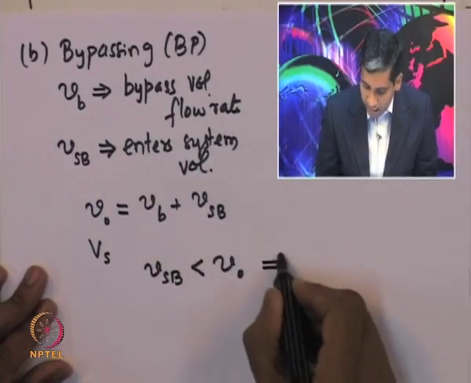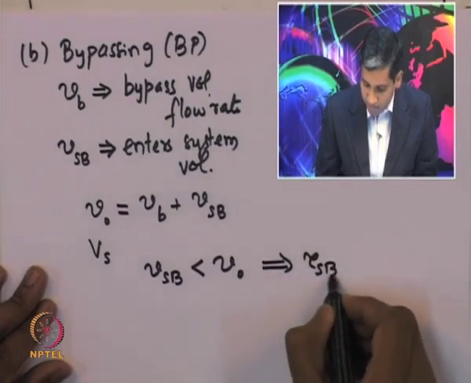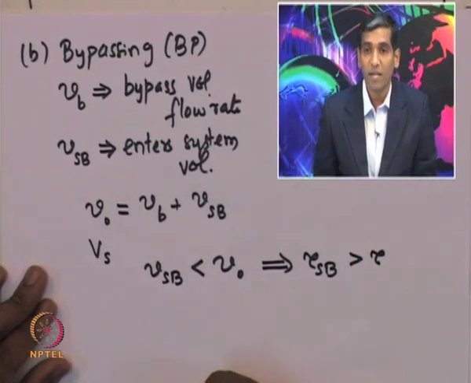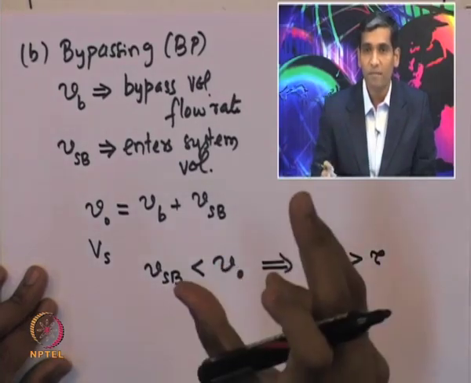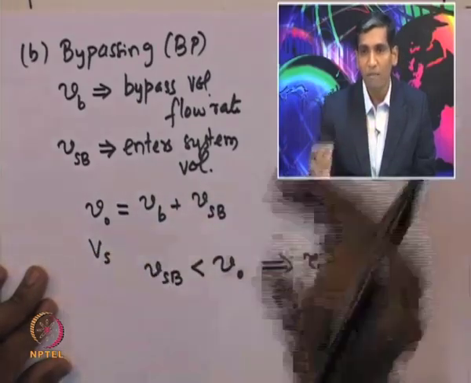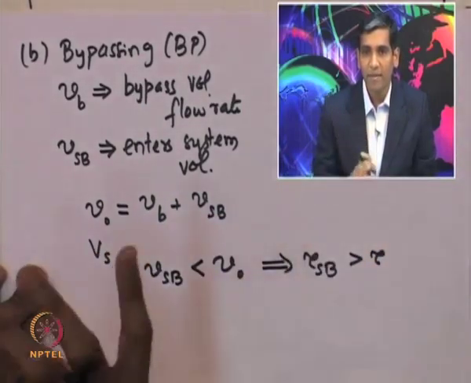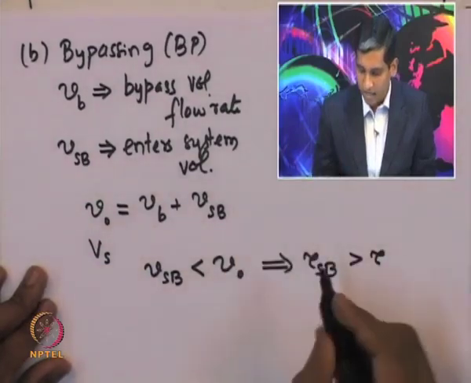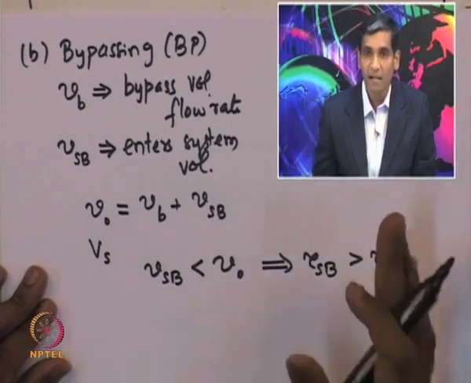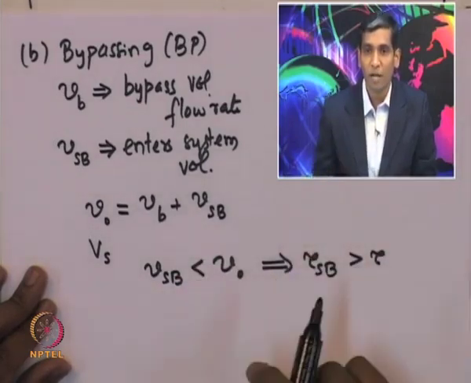So clearly, tau SB should be greater than the space time of the reactor, which means that the amount of time that this fraction of the fluid which is not being bypassed spends inside the reactor is larger than the actual space time of the reactor itself, based on the overall volumetric flow rate.